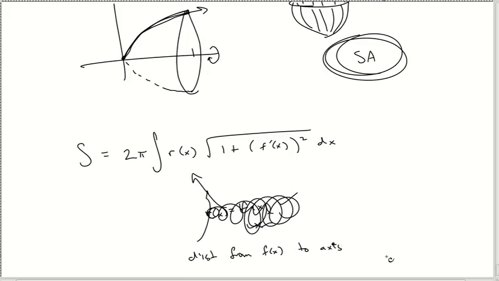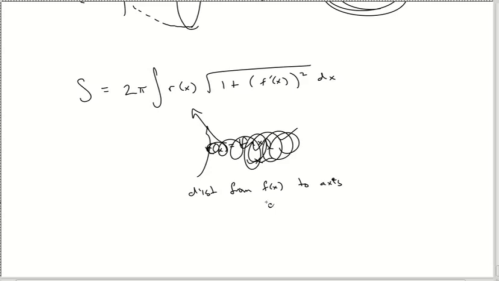And so often this distance is itself f of x. Just for an example, let's say we had this guy again. I'm wanting that distance here. That's my r of x, I guess you can say. Well, it just so happens that this distance here is f of x. It's your height. It's your y value.